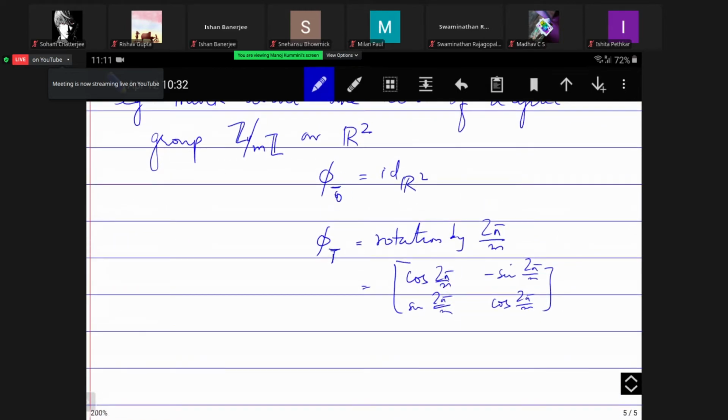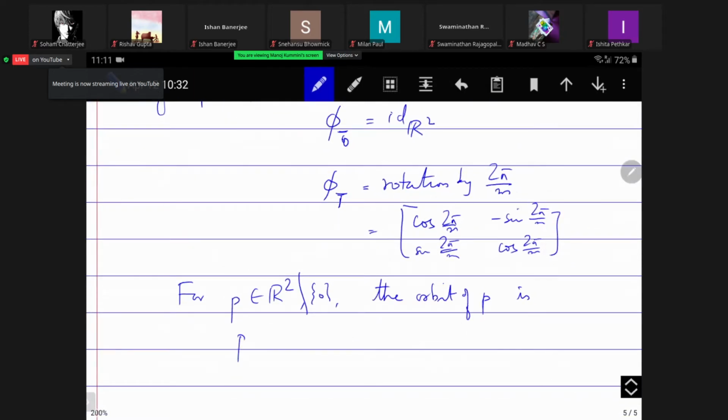So in this case, we can actually think of it as an orbit. For P inside R2, for simplicity, let us say it is not 0. The orbit of P is P, then P rotated by 2 pi divided by m, then P rotated by 4 pi divided by m, and so on.